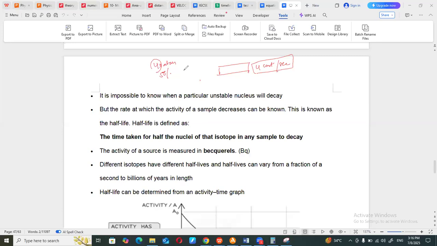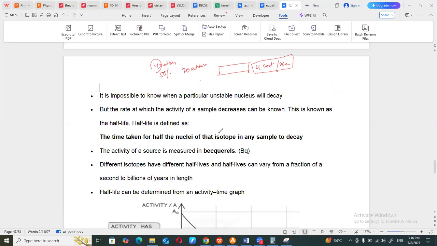If there are 40 atoms, only 20 atoms are left. Or in kilograms, half of the quantity is removed and half is left. So what is the definition? The time taken for half of the nuclei of the isotopes in a sample to decay is called the half-life.